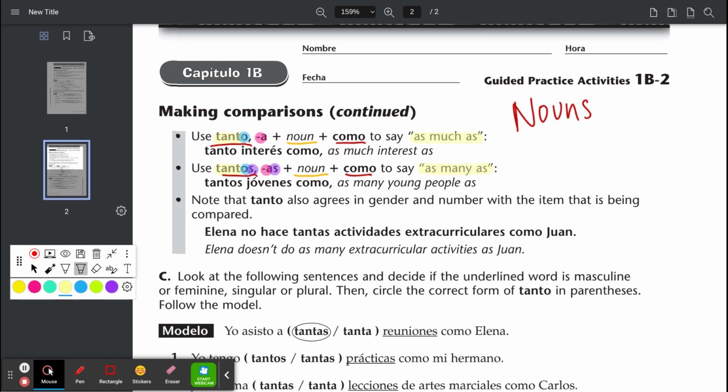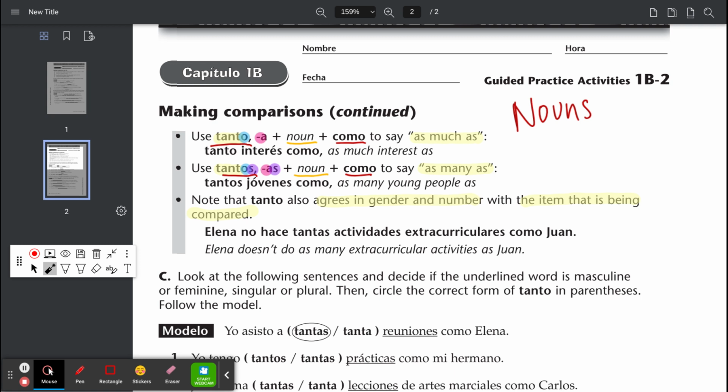So tantos jóvenes como, so as many young people as. So make sure that it agrees in number and in gender with the item that is being compared. So in our example, Elena no hace tantas actividades extracurriculares como Juan. Elena doesn't do as many extracurricular activities as Juan.